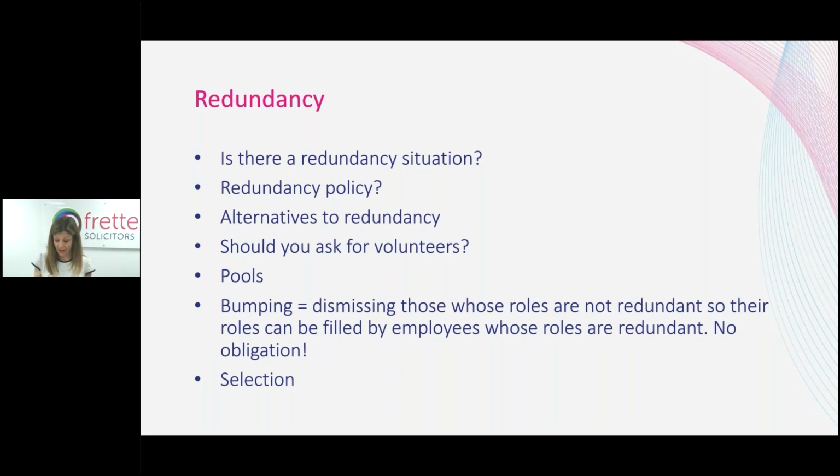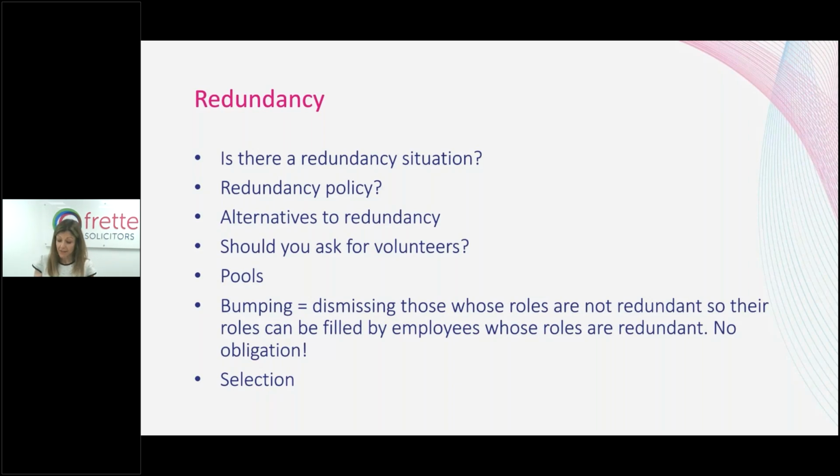We now need to think about selection criteria. So how are we going to select which employees are at risk of redundancy from within that pool? So we will need selection criteria. That should be as objective as possible, but the tribunal will accept that actually there's got to be some subjective criteria there. For example, the ability to communicate with stakeholders and the ability to time and priority manage.